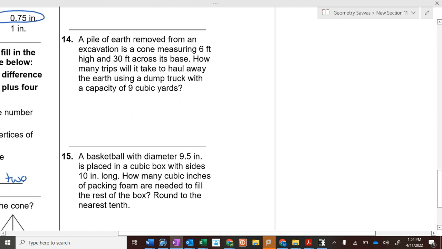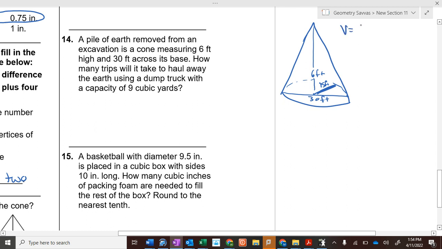A pile of earth removed from an excavation is a cone measuring 6 feet high and 30 feet across the base. So 6 feet is the height, 30 feet across the base is the diameter. So what's your radius? 15 feet is the radius. Okay?